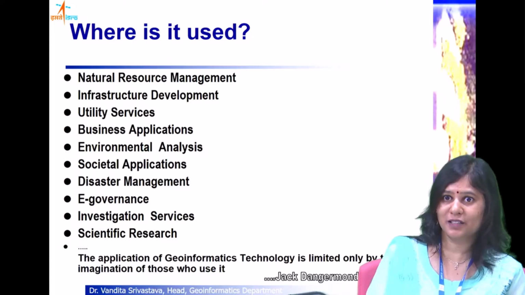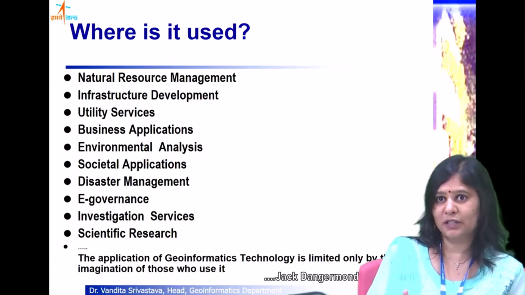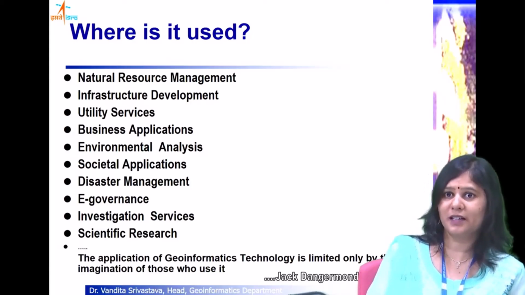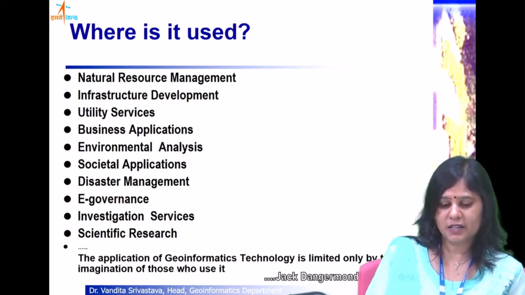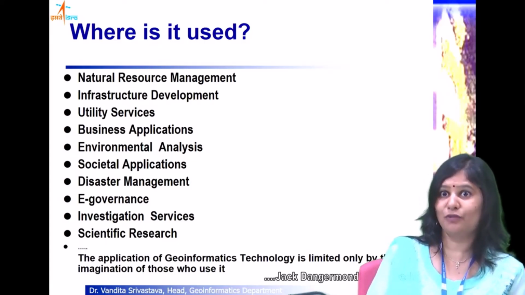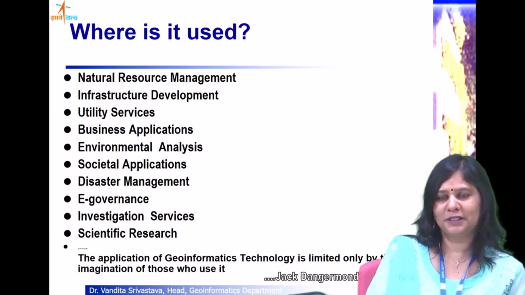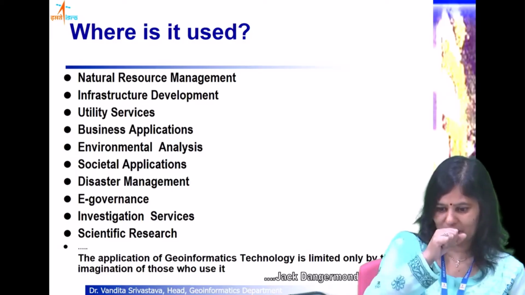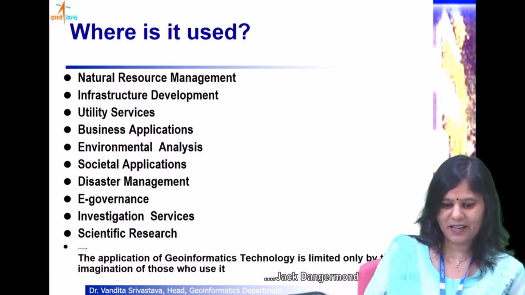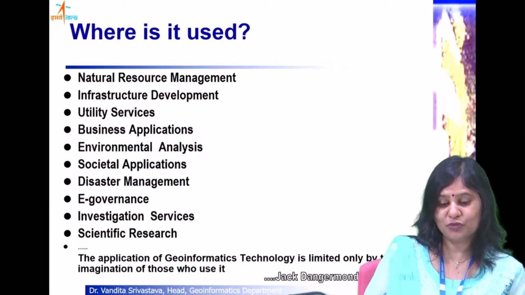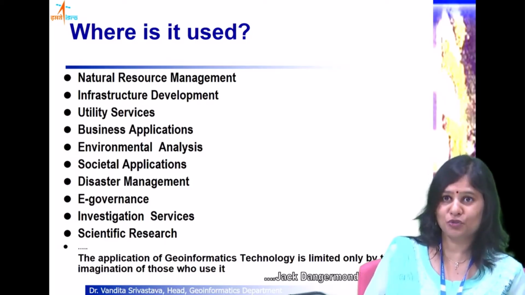So crime GIS, you would hear the term crime GIS, GIS-T, that is transportation GIS, then health GIS, then vet GIS. For animal health as well it has been used. So I would like to summarize here by saying that application of geoinformatics technology is limited only by the imagination of those who use it.